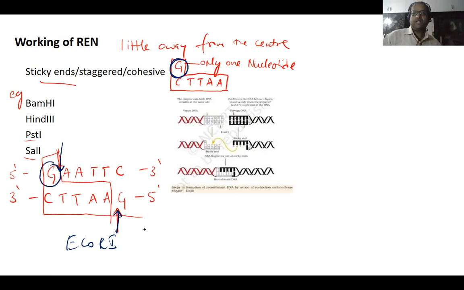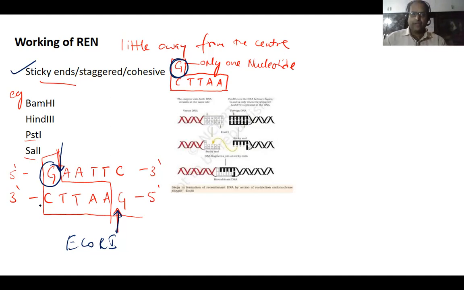So that is a speciality of restriction endonuclease cutting. When it cuts like this, it gives sticky ends. Look at that word, sticky ends, or staggered ends, also called cohesive ends.